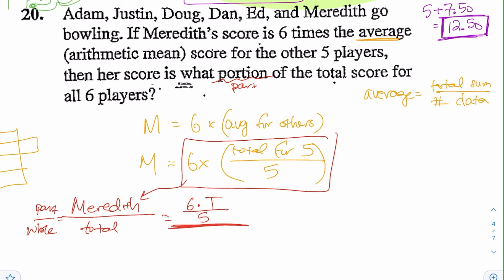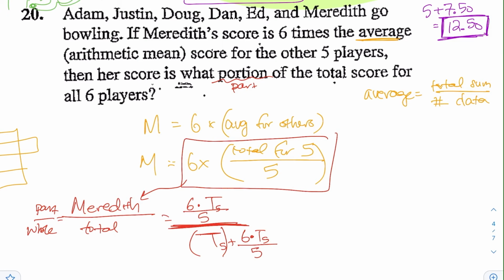And you're dividing this whole thing by the total T. That's for the 5 people, plus Meredith's score, which will be 6 times T, the total of 5 people, divided by 5. So you can just replace the total with just one variable, T, and this variable, you can just carry it through.